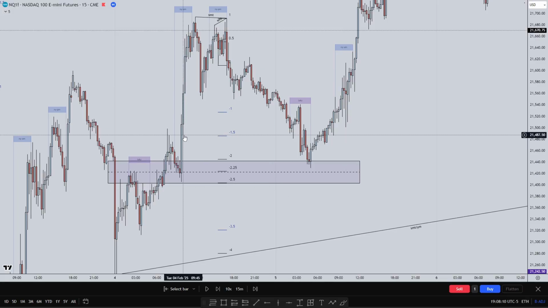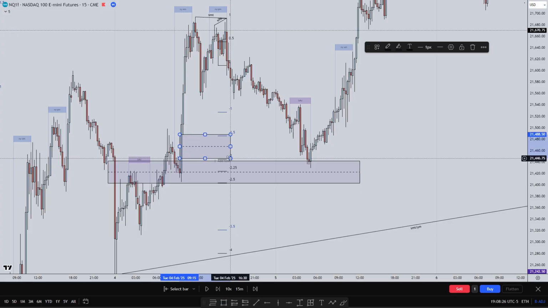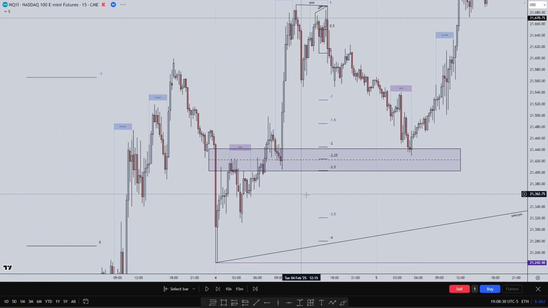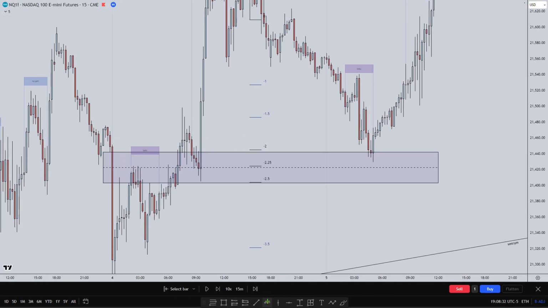Along with this 15-minute order block and this 15-minute BISI. You got this 15-minute BISI along with this 15-minute order block.